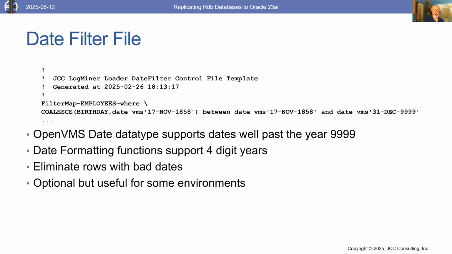And we'll log that, but basically it filters out data with bad dates. If you only wanted to filter out the date but send the row anyhow, then you could do that with some clauses we'll talk about later. So this is optional, and we're not actually going to use it in the example here, but it's useful for some environments.